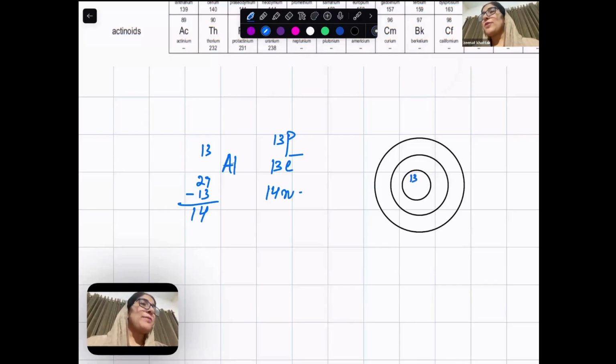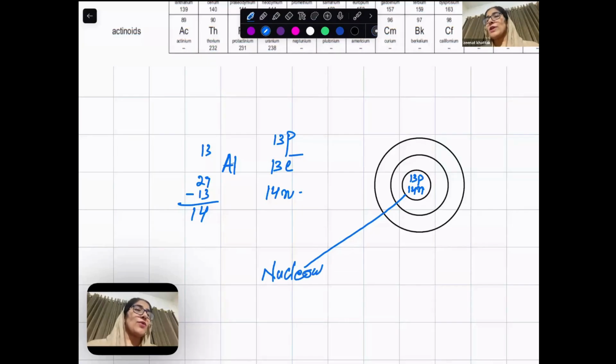The 13 protons and the 14 neutrons are in the nucleus, the nucleon number. How are the electrons arranged? 2 electrons in the first shell, then 8 in the second.